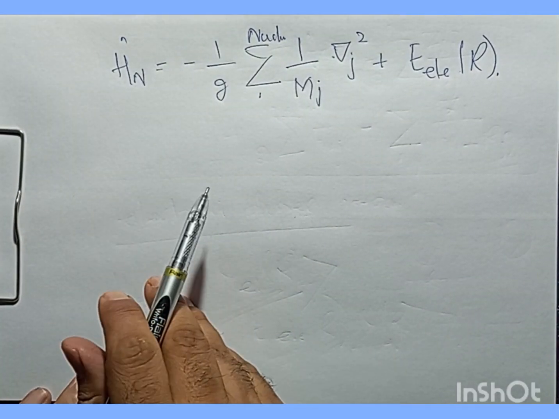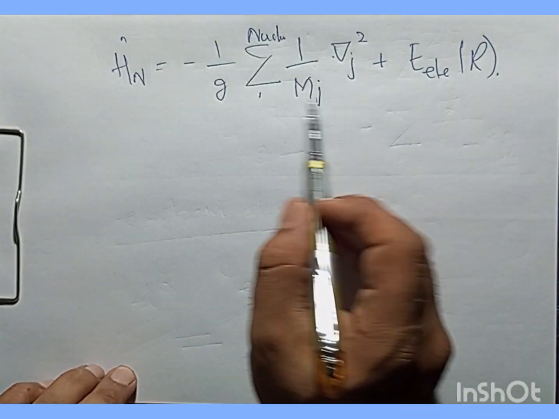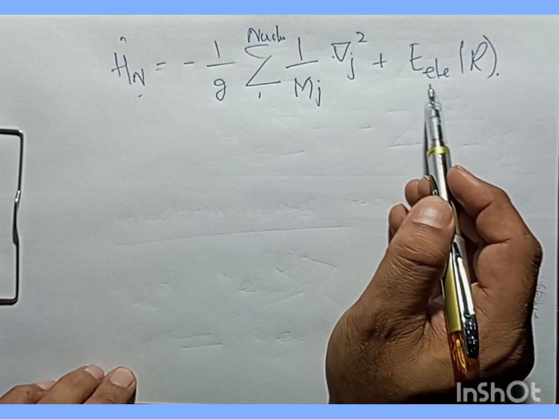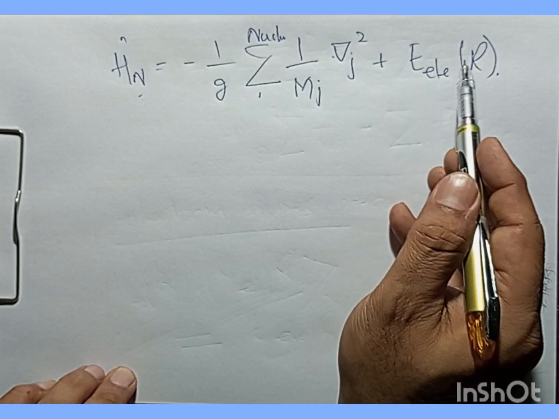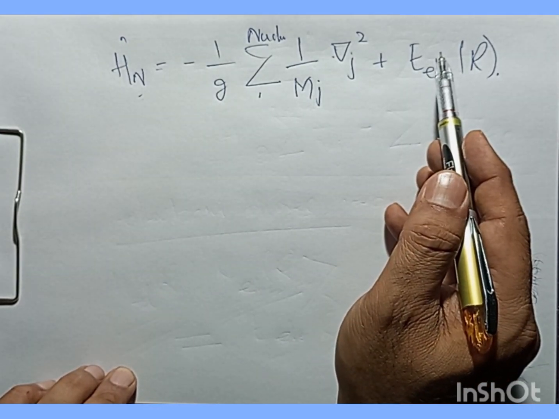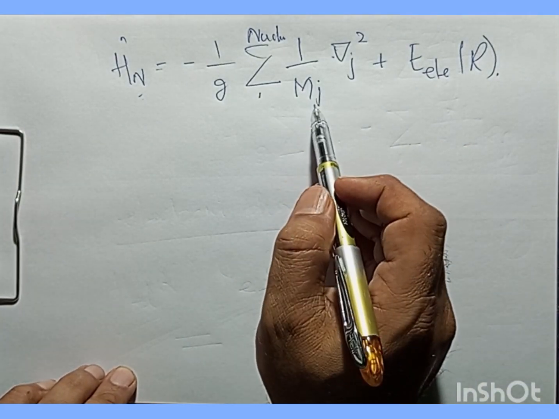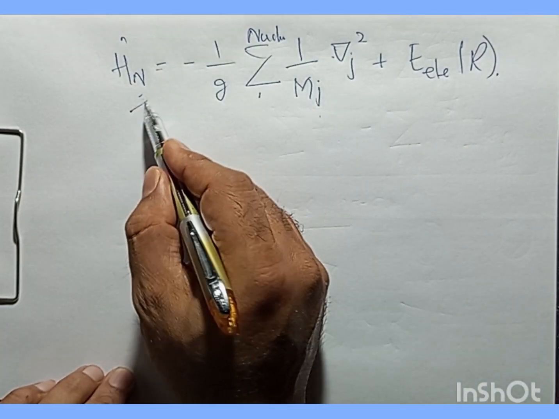So hence, what we say here is that the nuclei move on an effective potential surface that is defined by the electronic energy, and certainly we can define the wave function for the nuclei alone, that are the eigenfunctions of this Hamiltonian.